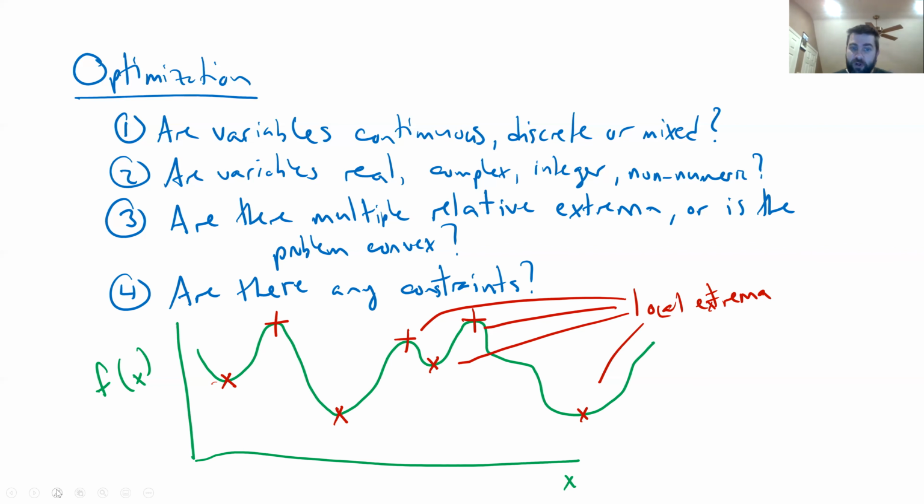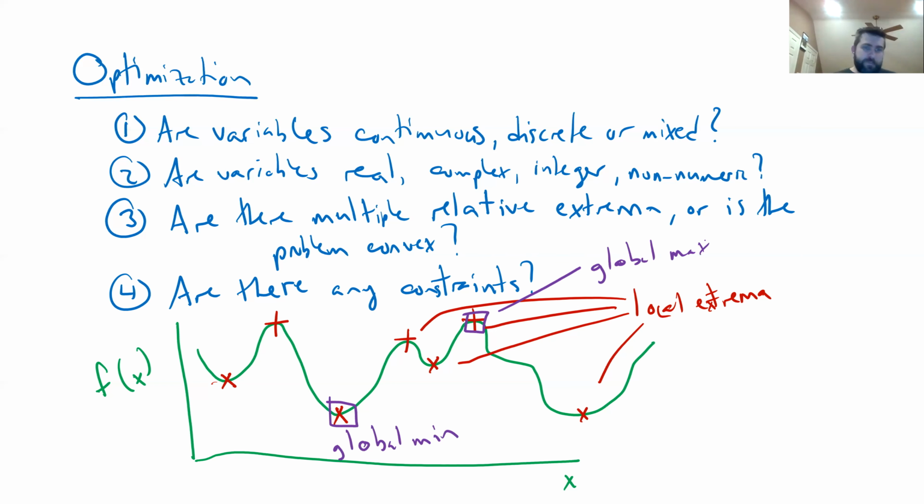And we make a distinction between local extrema and global extrema, where the global minimum is the absolute lowest of all of the local minima. The global minimum is here. And perhaps if this is the complete space, then we would suggest that this one here is our global maximum.